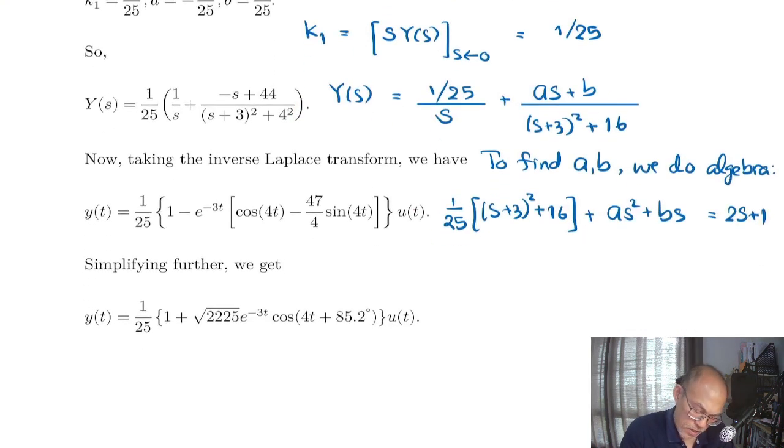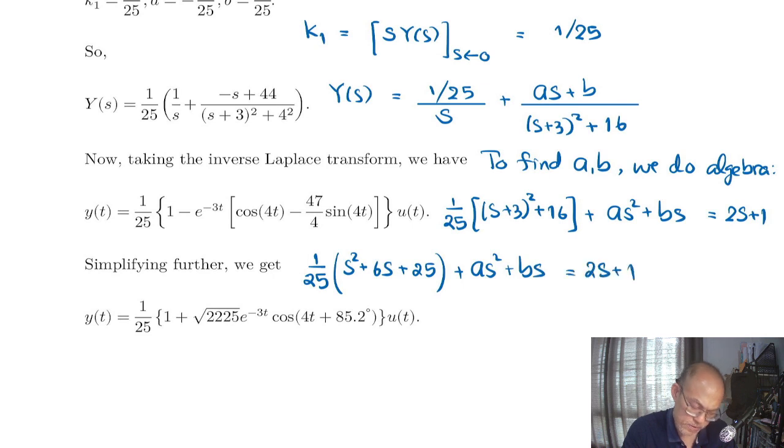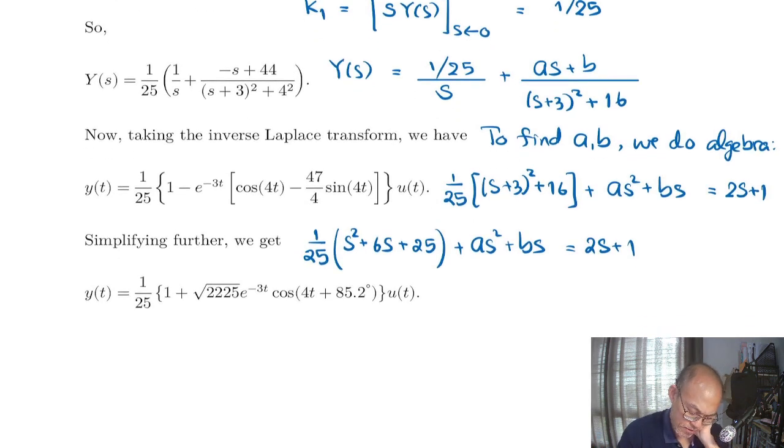Now, on the left hand side, I have 1 over 25 times (s squared plus 6s plus 25), plus As squared plus Bs, equal to 2s plus 1. Now I group all the similar terms together.